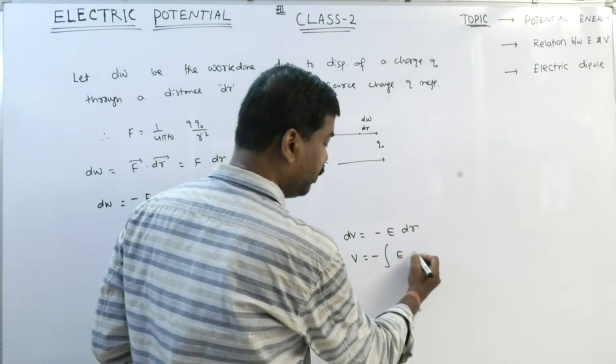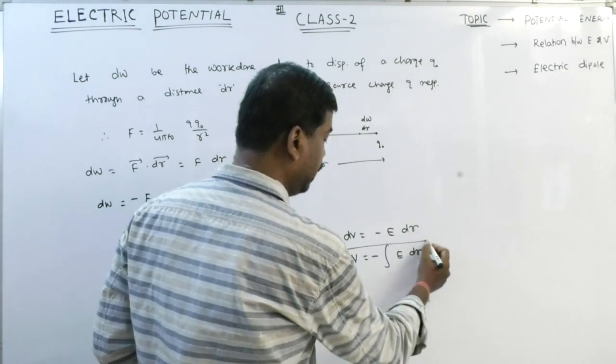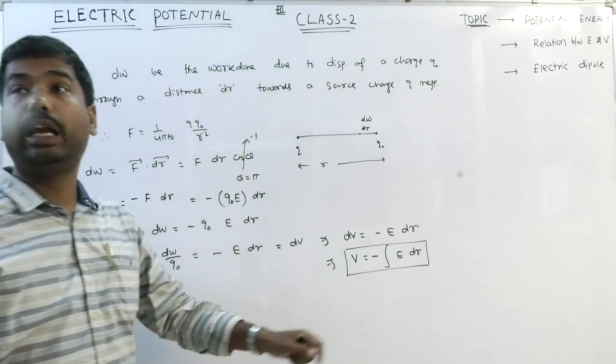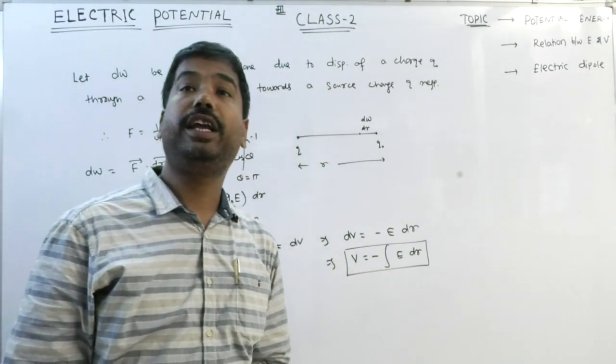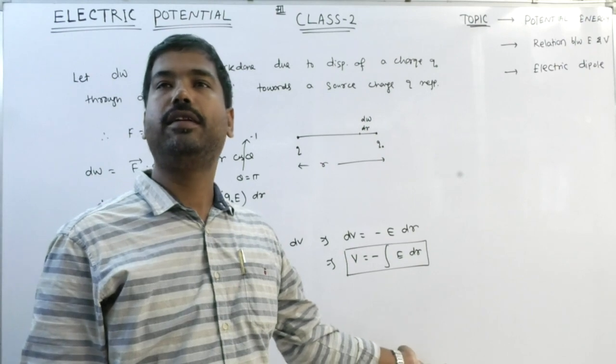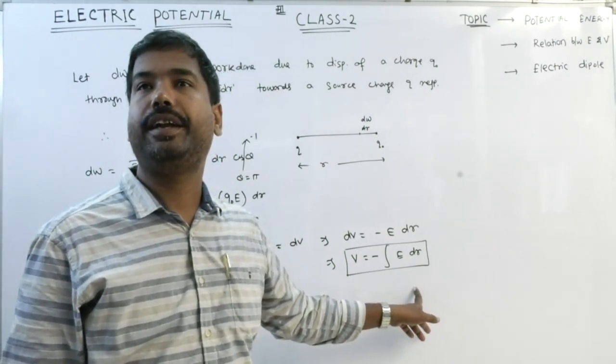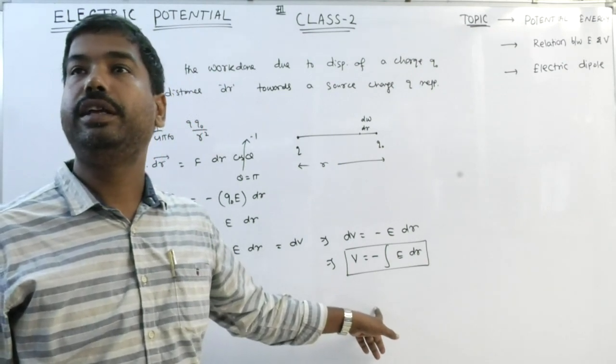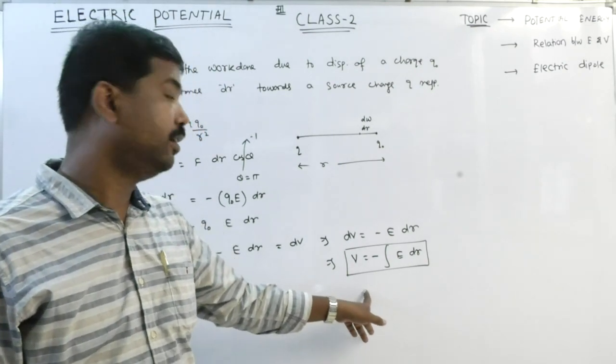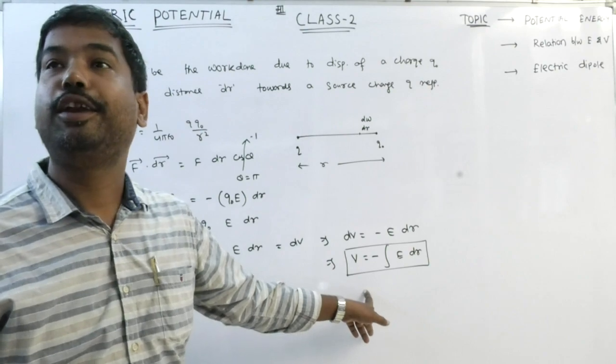The negative line integral of electric field is electric potential. Clear? So whenever the electric field is integrated, it forms what? Electric potential.